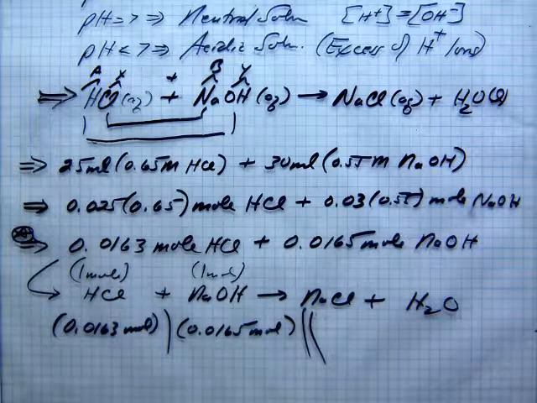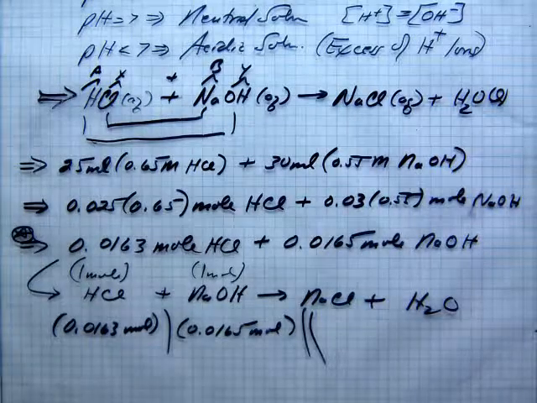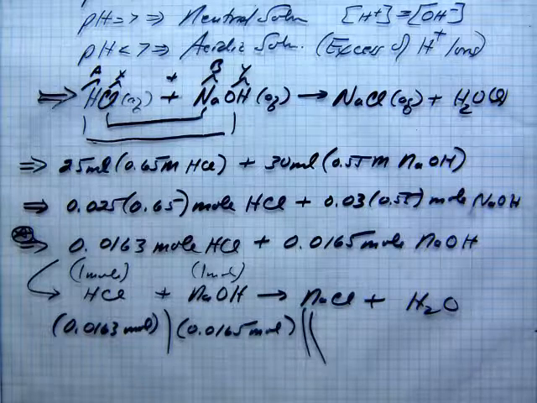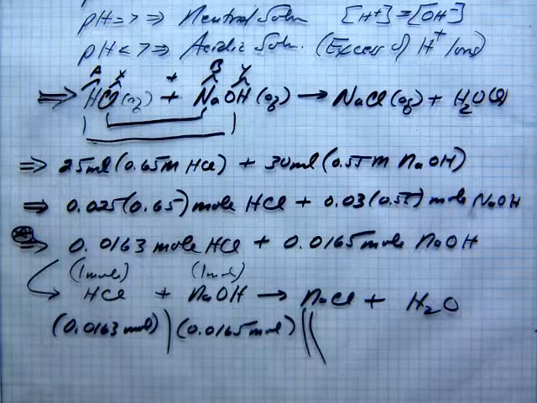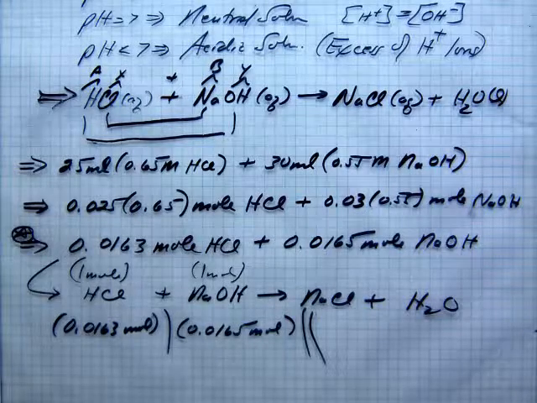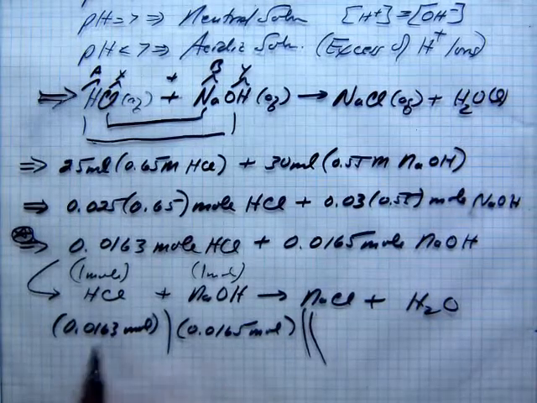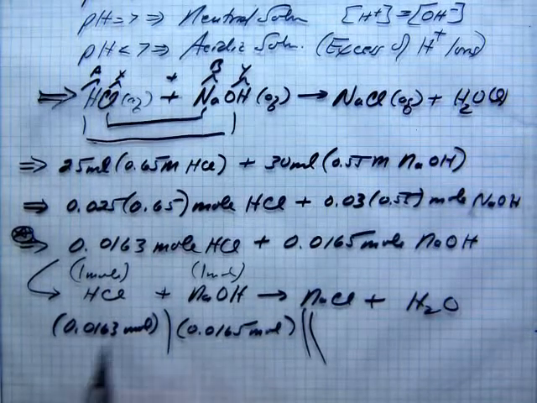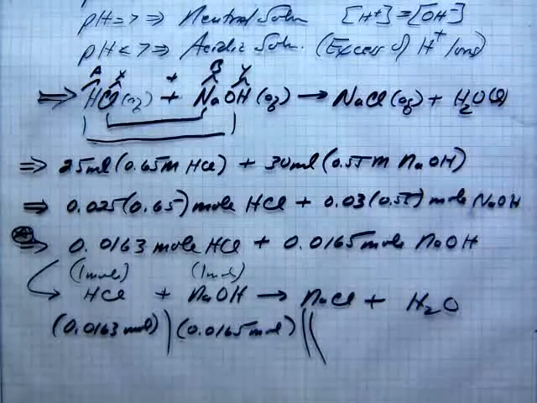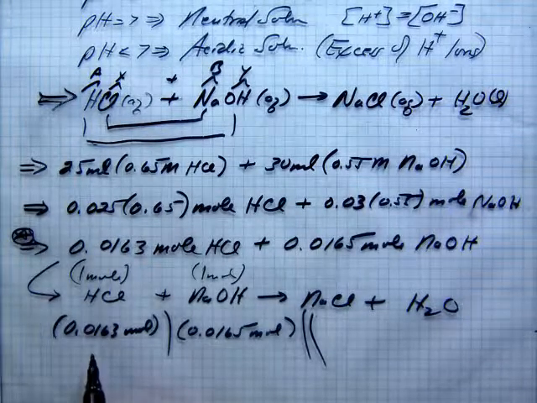So if I have so many moles of acid, the same amount of moles of base will react with it and neutralize. If there's anything else there, it is excess. So I look at these two, and I see, well, I've got a 163 and a 165, whatever. This one's in the least amount, and it's the limiting reagent.